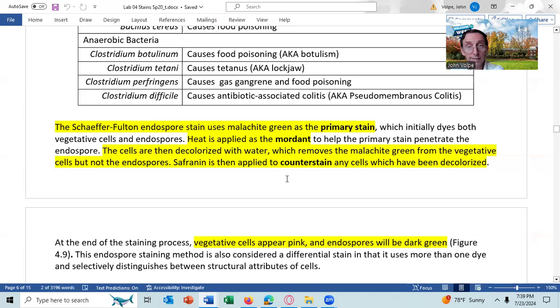Safranin is then applied as the counterstain, just to stain the clear cells after the cells have been decolorized. The vegetative cells then appear pink from safranin, and the endospores appear dark green from the malachite green.